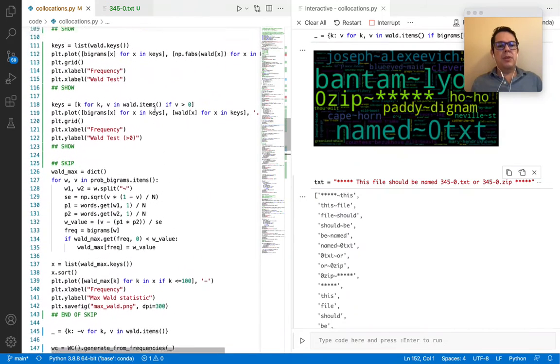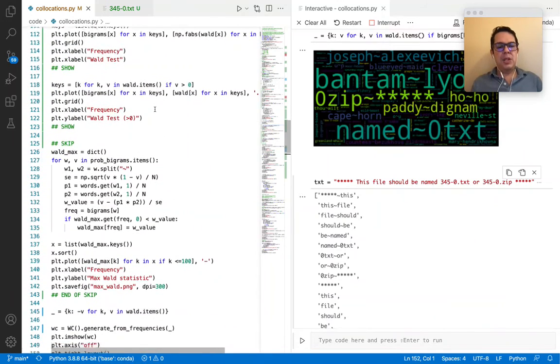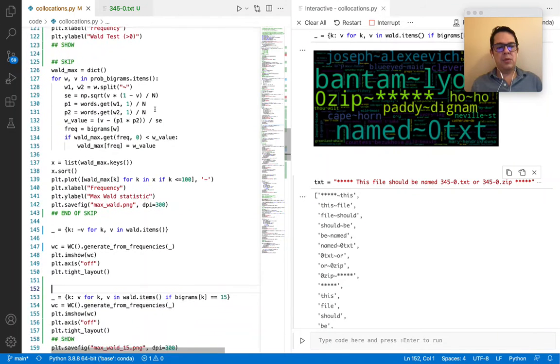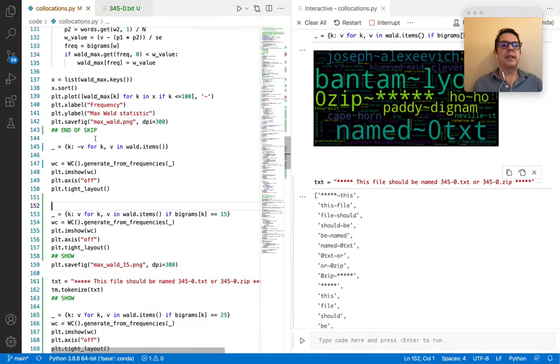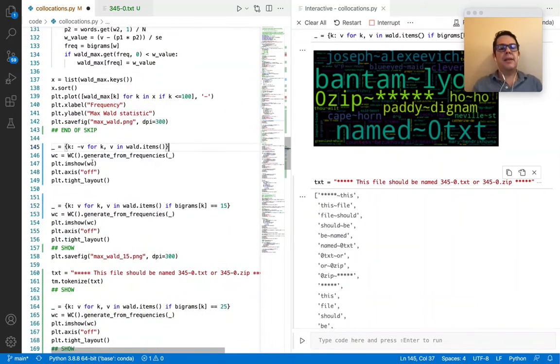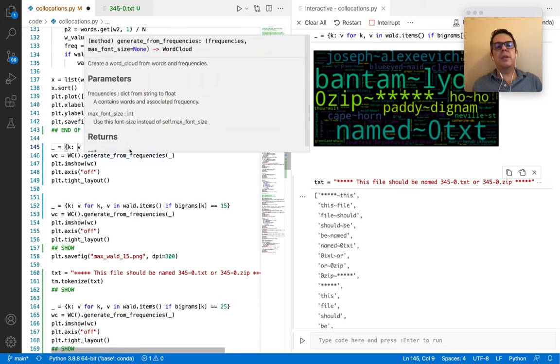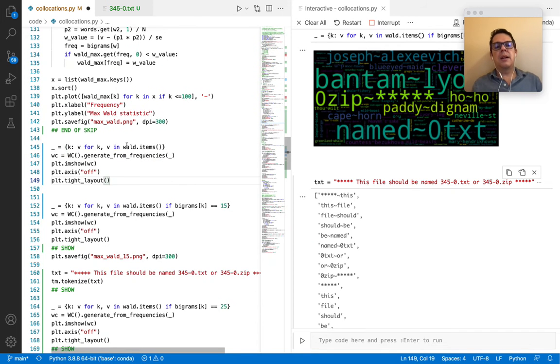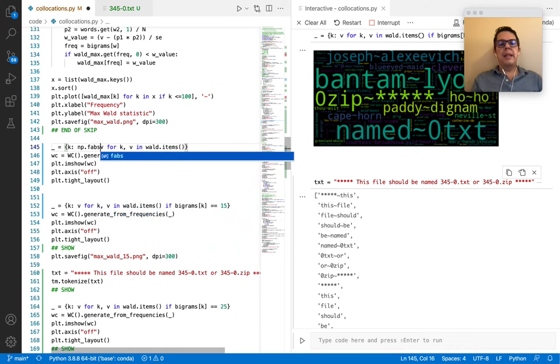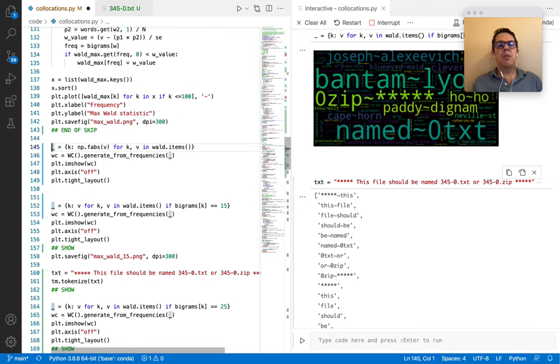What are we going to see if we change that? I'm sure I have some code here that can help me do that. If you remember, in the Wald dictionary, I didn't use the absolute value, so I can put it here, the absolute value, and then see the word cloud.